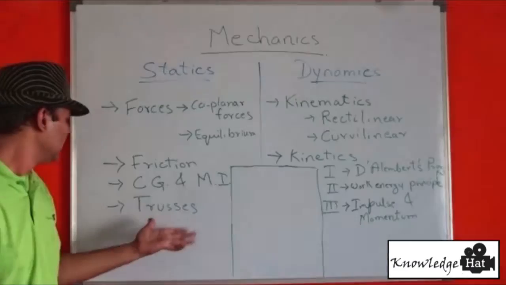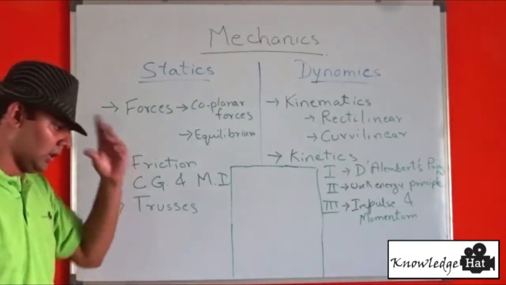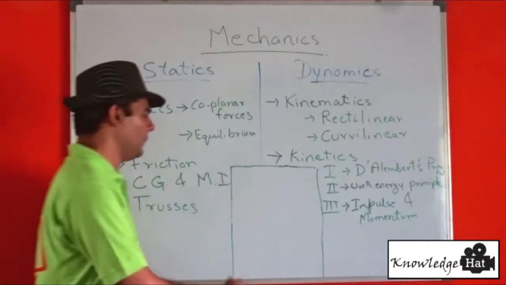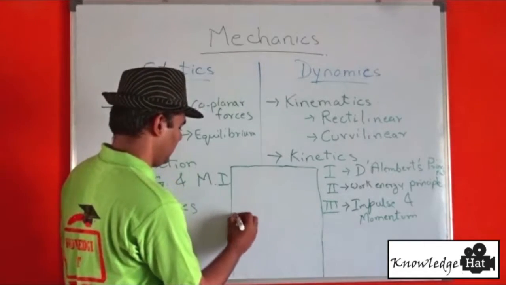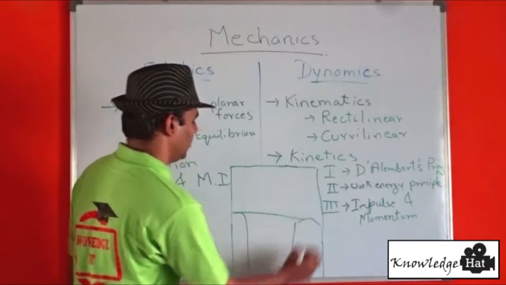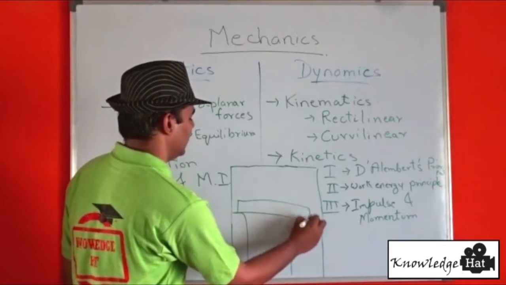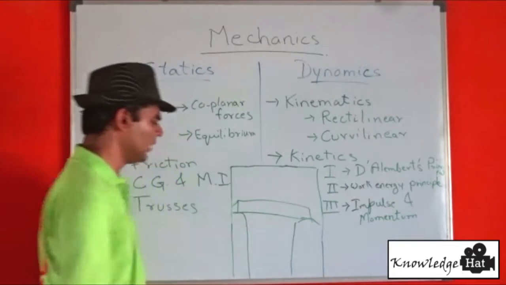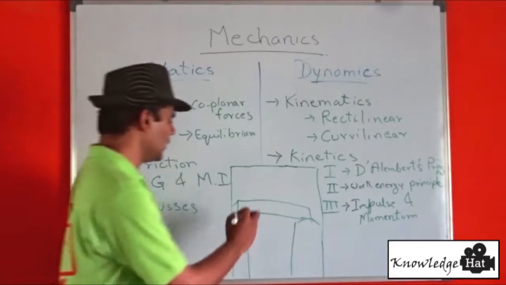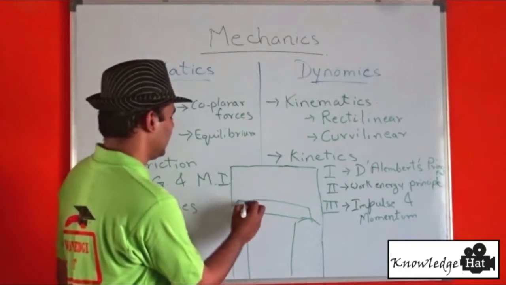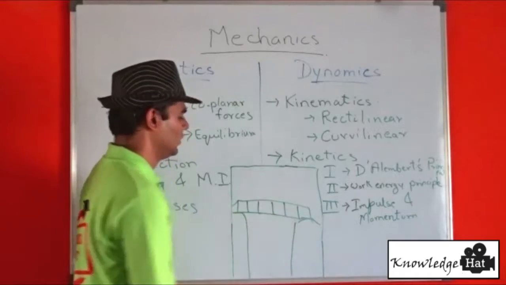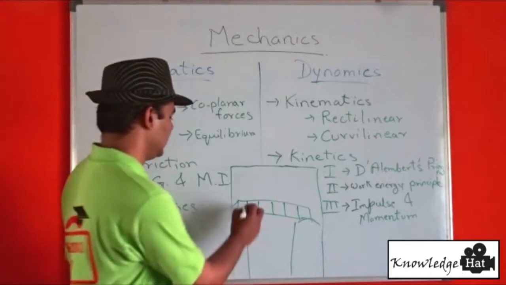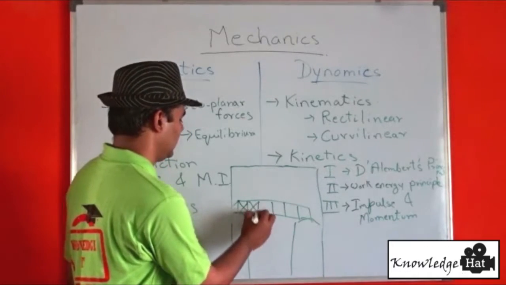The last chapter is trusses. Suppose we have a bridge from this point to this point, a railway bridge or a road bridge or anything. We might have observed that these bridges are not constructed this way. The load sharing is done in this way.